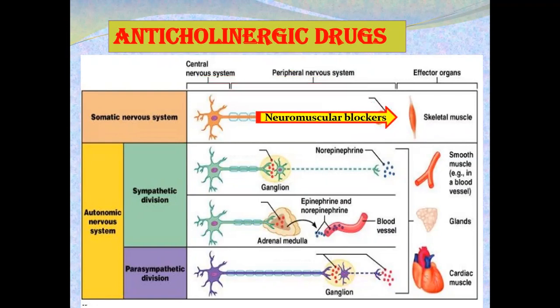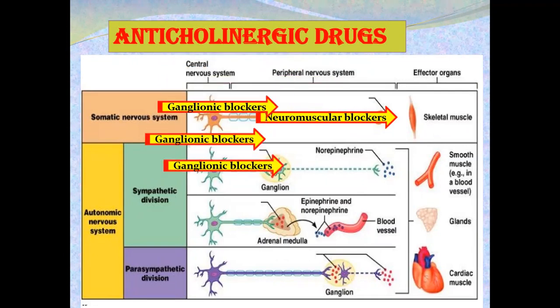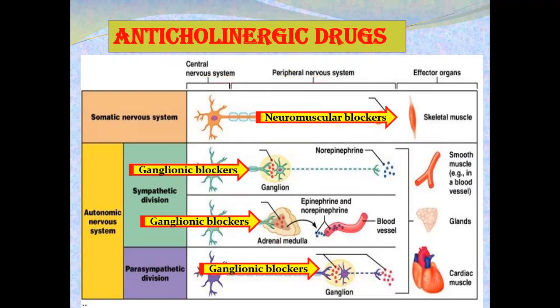So the neuromuscular blockers work in the somatic nervous system. They work at the effector organ, that is where the nerve is meeting the effector organ. For example, where the nerve is meeting the muscle, that is where the neuromuscular blockers work in the somatic nervous system.